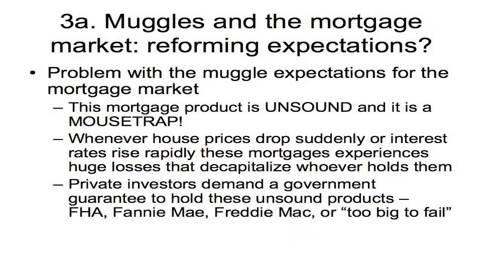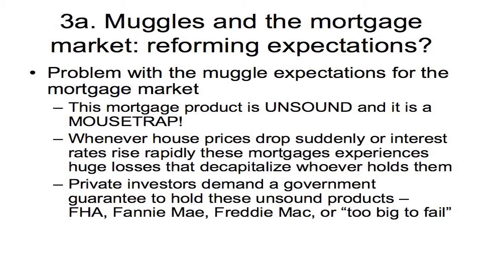The problem is Muggle expectations of the mortgage market. They expect a mortgage product to be delivered that is unsound and is a mousetrap. The basic mortgage product that the Muggles and their politician representatives think that the American people have a right to is fundamentally unsound. Whenever house prices drop suddenly or interest rates rise rapidly, these mortgages experience huge losses that decapitalize whoever holds them.